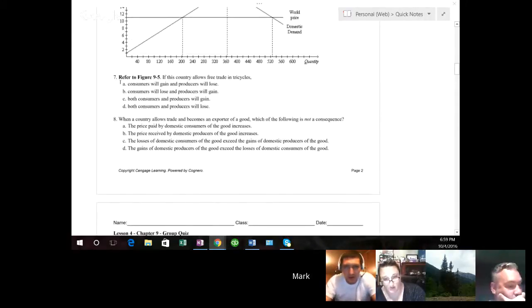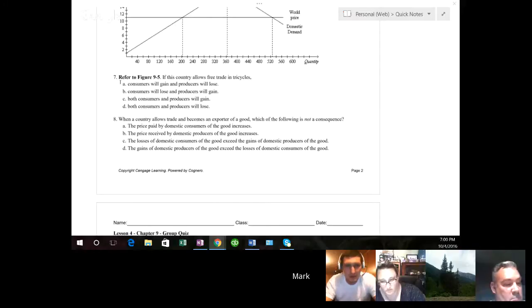And then I'll go ahead and do the other one too, because I'm the last late guy. When a country allows trade and becomes an exporter of a good, which of the following is not a consequence? After reading all of the 4, I think all of them are except for C. When it comes to trade, there's always going to be a gain of some sort, whether it's going to be the individual that's doing the supplying or the demanding.